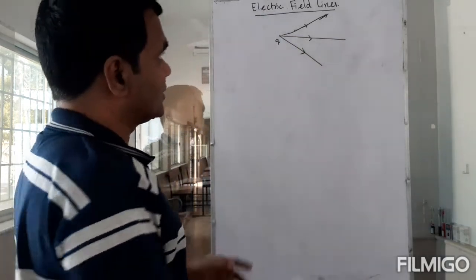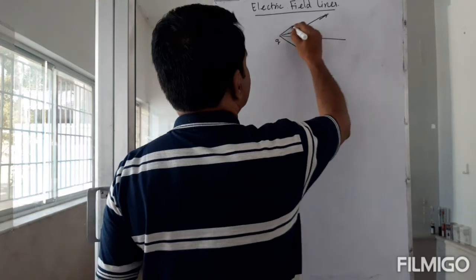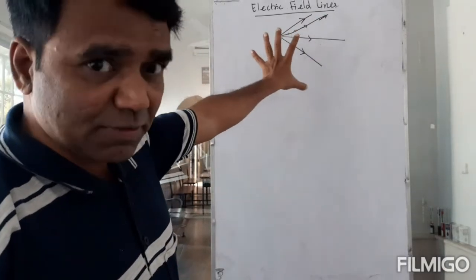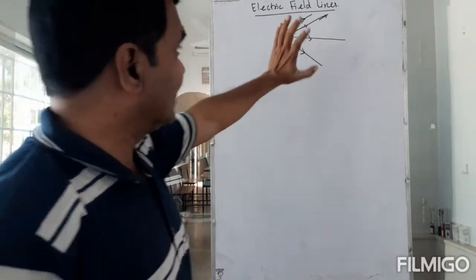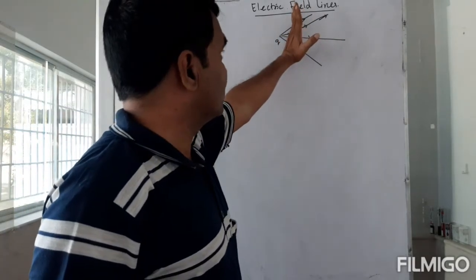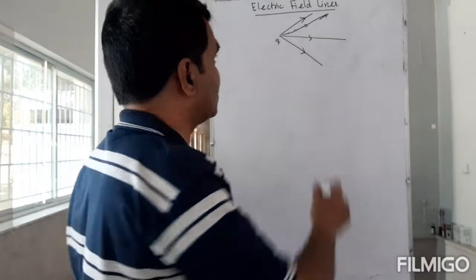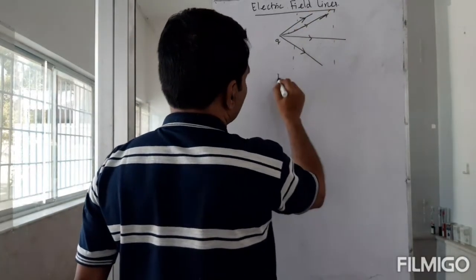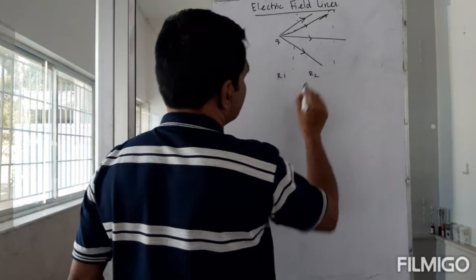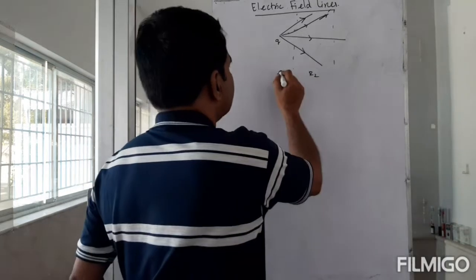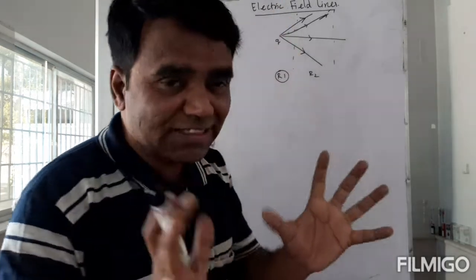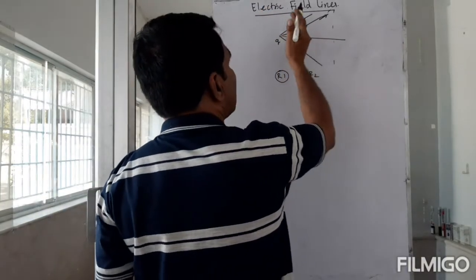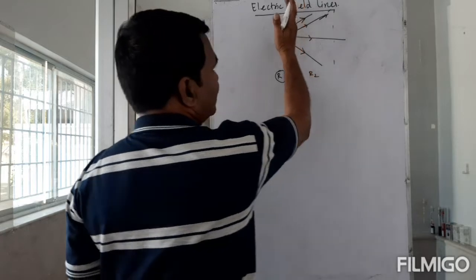Okay. Notice here, when you see this picture, you realize that the field is stronger in this region than in this region. Suppose I divide it into two regions, this is region 1 and this is region 2. In this region, you can intuitively sense that it is stronger, because notice there are many lines per unit length or unit area.